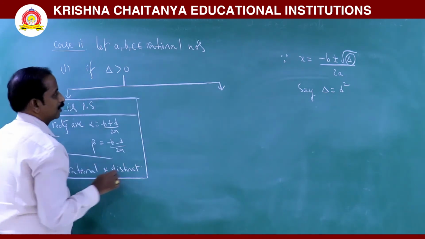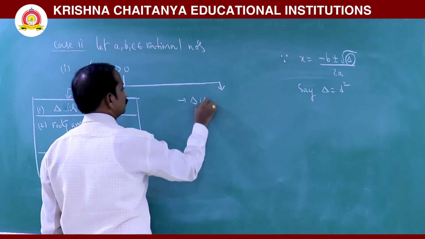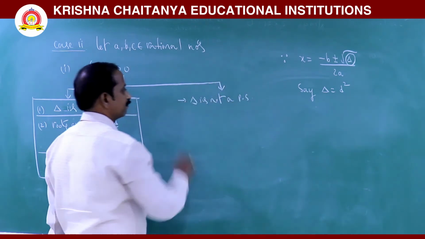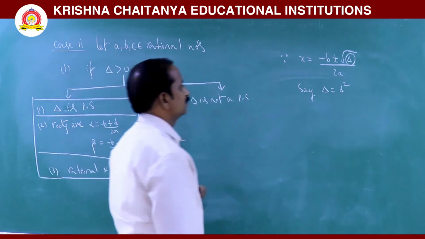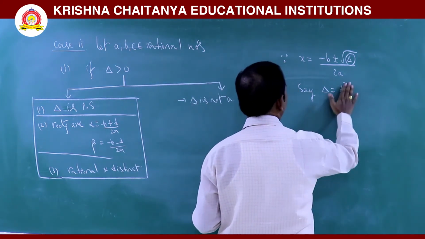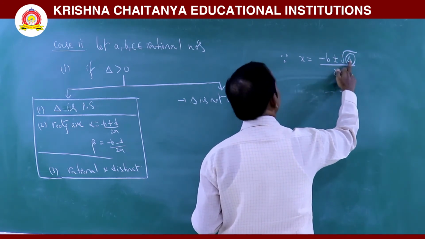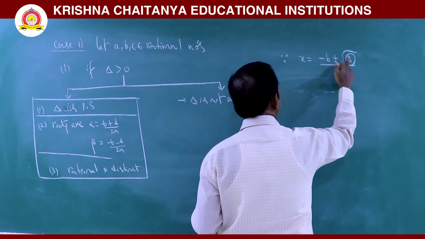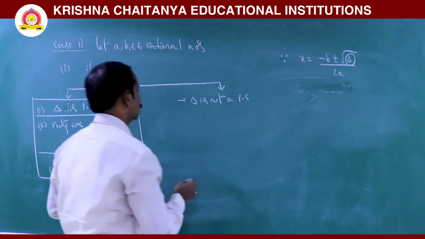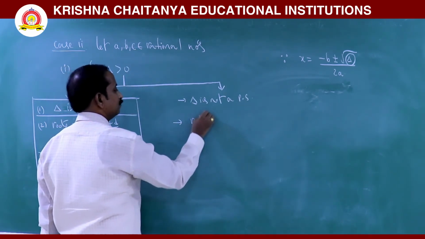Now come to another one. If delta is not a perfect square, which means delta is not equal to d square, that means root of 2, root of 3, root of 5, root of 7, whatever it may be, in this case what are the roots?